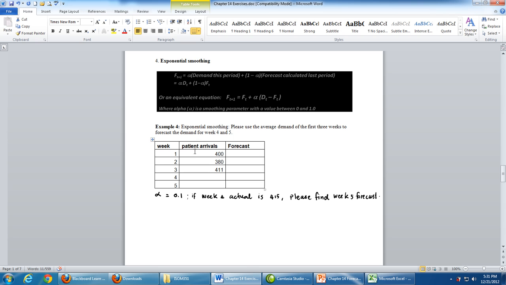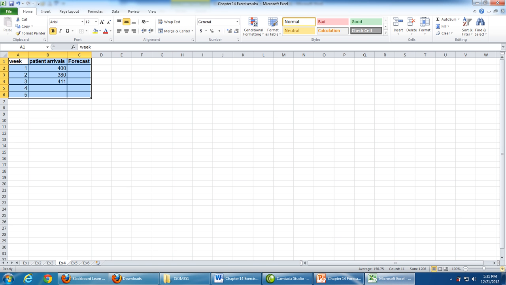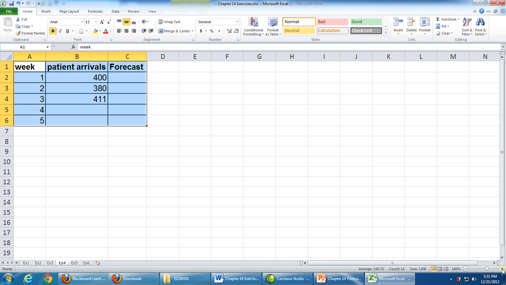Example 4, we're going to use the last 3 periods as the forecast for 4, and then with the forecast for 4 we will use an actual of 415 and alpha 0.1 to forecast for 5. So we're going to forecast for 4.